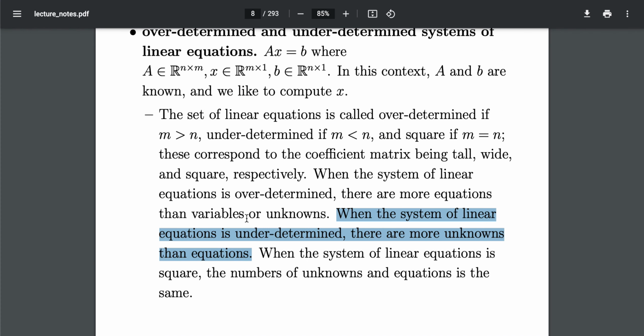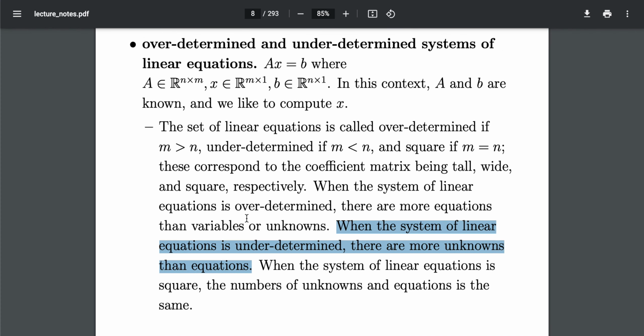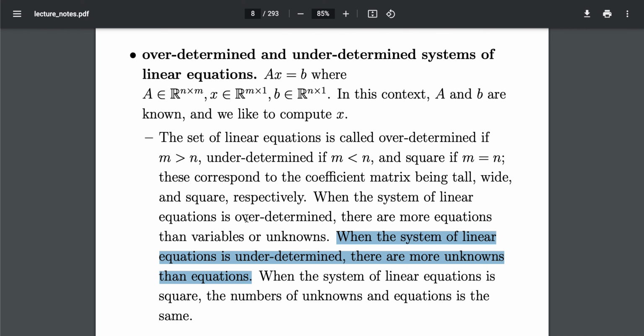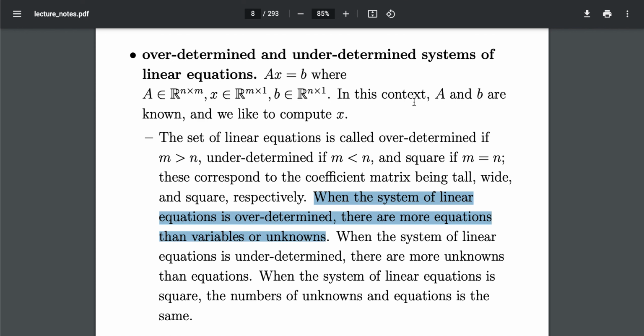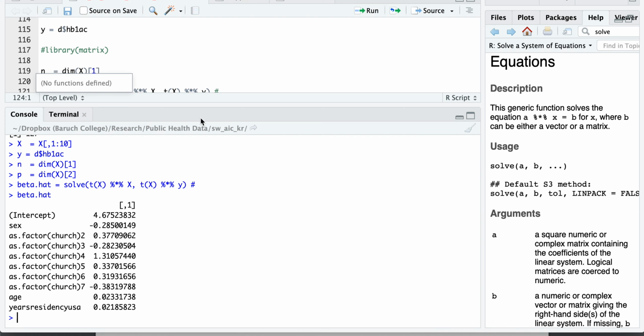So now we are suddenly in the overdetermined case. Anyway, focus on this sentence. Overdetermined: there are more equations than variables, and equations here mean observations for us, and unknowns mean coefficients.